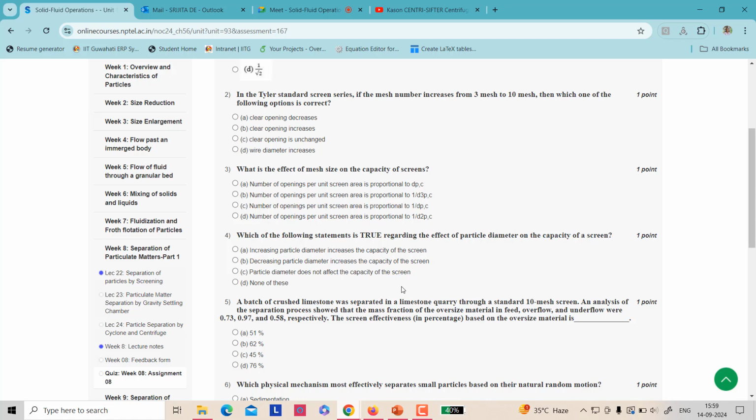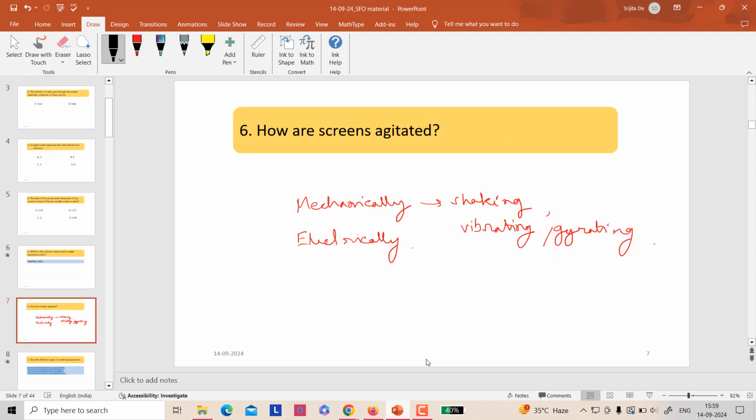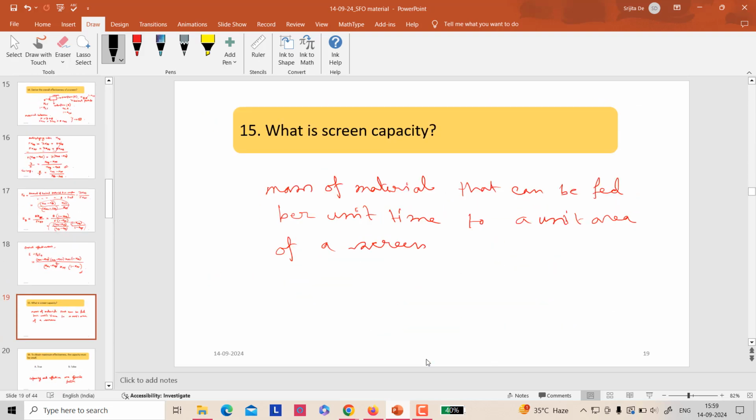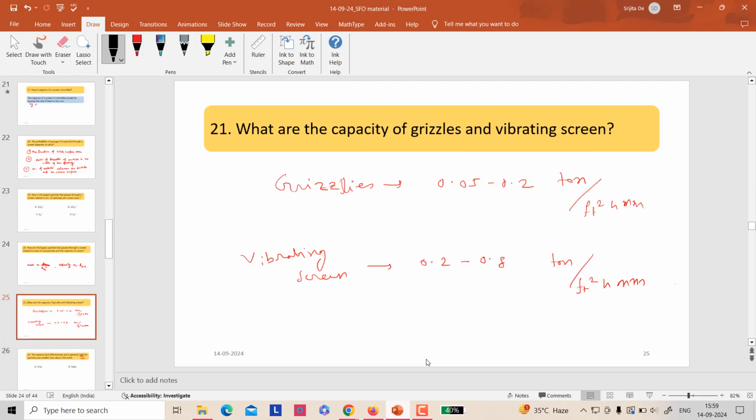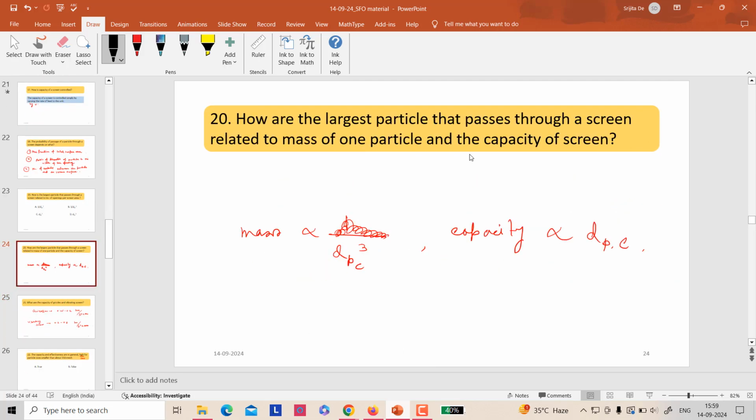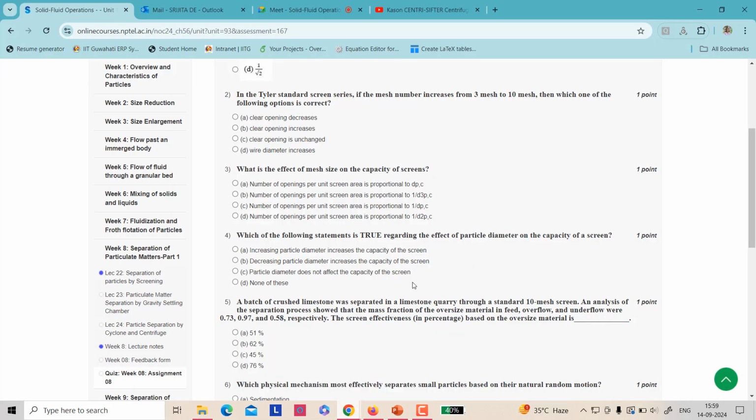The capacity of a screen, in the effect of mesh size on capacity of screen, that is written here, that we have just seen. So the capacity of a screen is related to the particle size, the largest particle diameter. So if it is reduced, then the capacity will also be reduced.